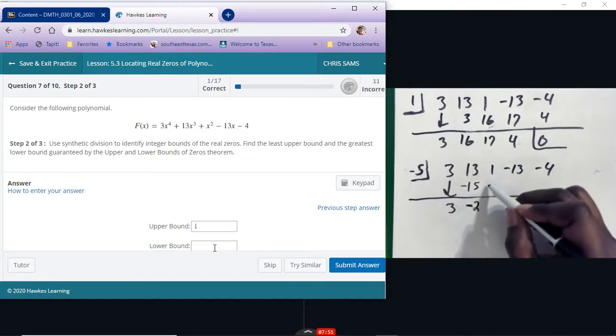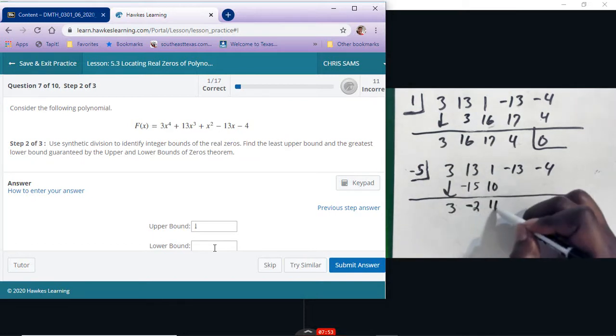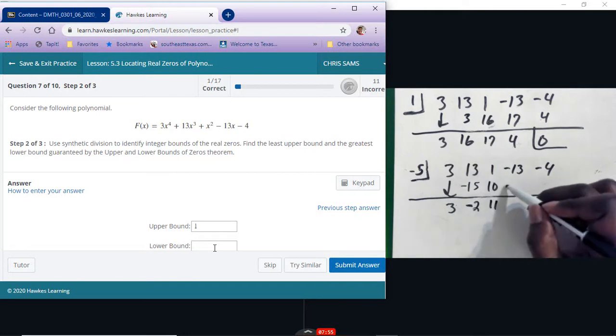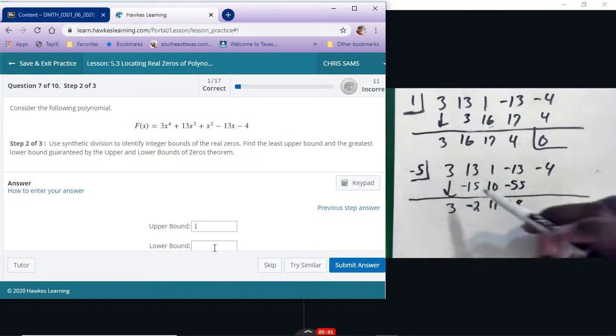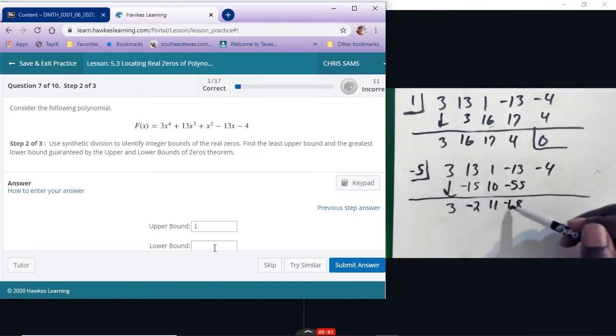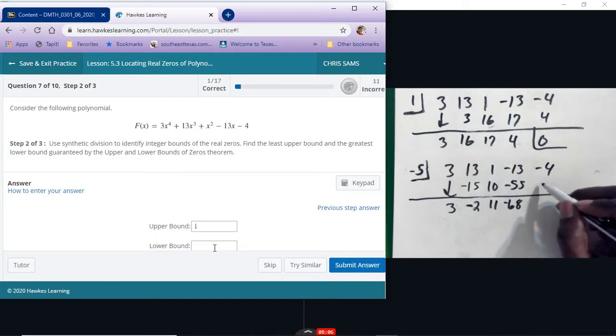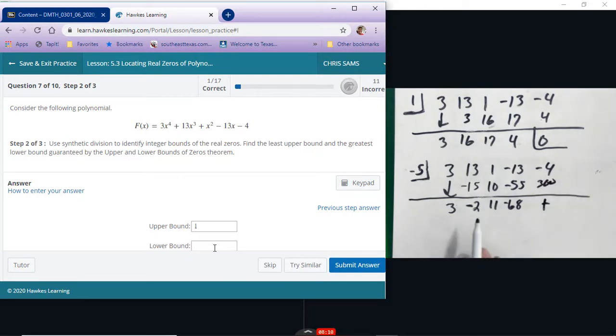Negative and negative gives me a +10, 11. Negative and positive gives me a -55. Add, we get 68 negative. And then let's just round negative times a +60. It's going to be a +300, and that's going to end up positive. So we got positive, negative, positive, negative, positive. So -5 is going to be my greatest lower bound.